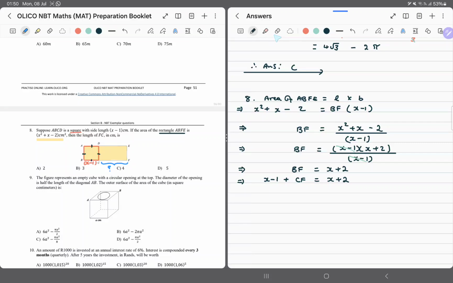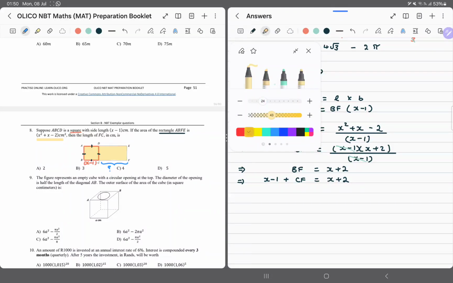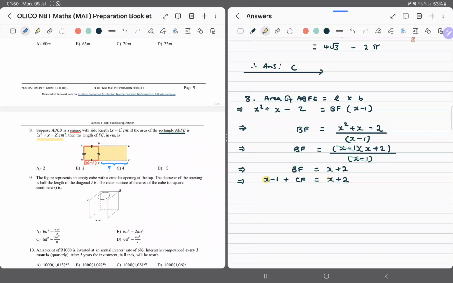And already here we can appreciate that x and x are the same on either side of our equation, so they will essentially disappear as we transpose. So we can make a conclusion therefore that our CF is equal to, transpose this, it becomes 3 centimeters. Therefore our answer is B.